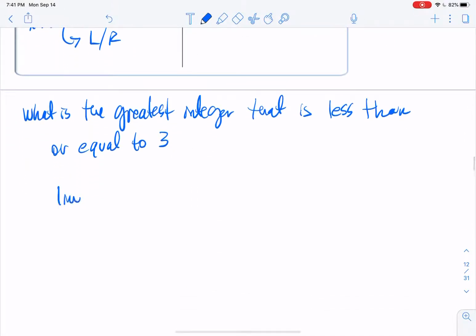So I'm going to write the limit as x approaches 3 from the left, greatest integer function. So here's the way I think of it. A number that's a little bit smaller than 3. I'm just thinking of a number like, how about 2.9? And then I want to ask this question with 2.9 in it.